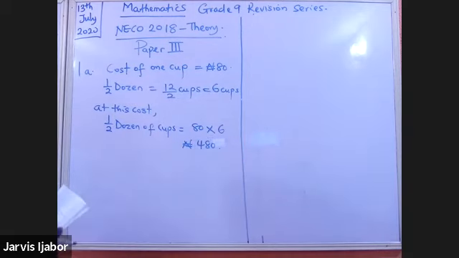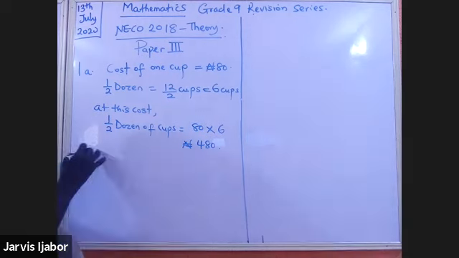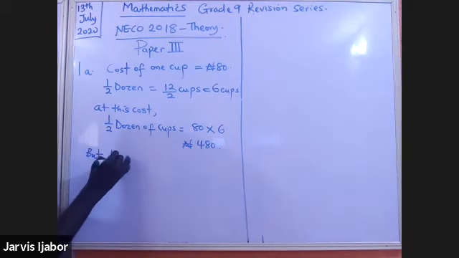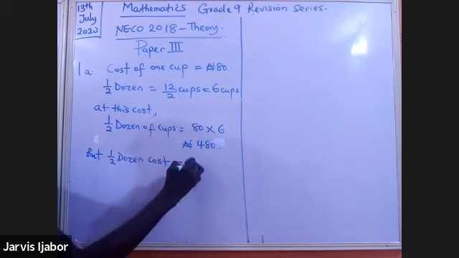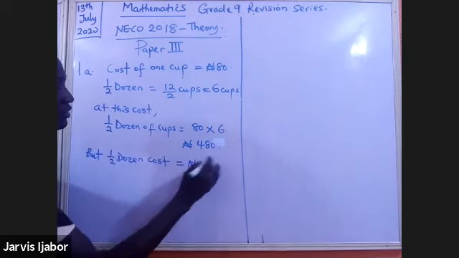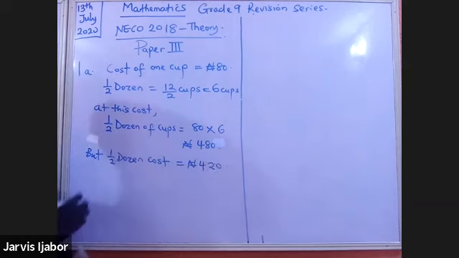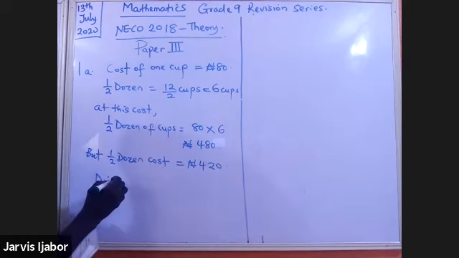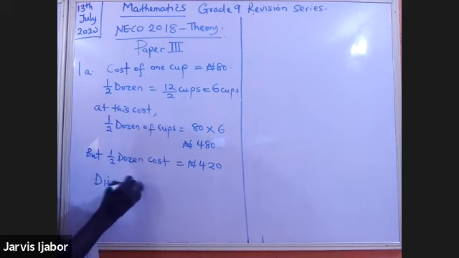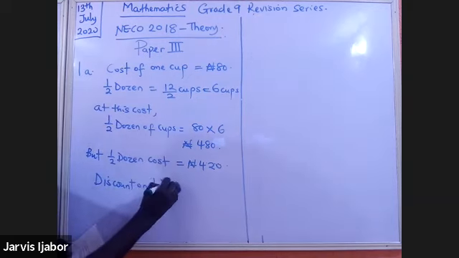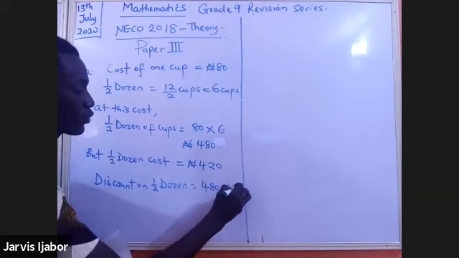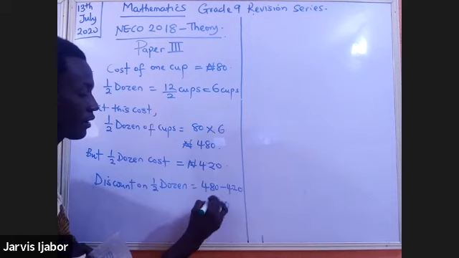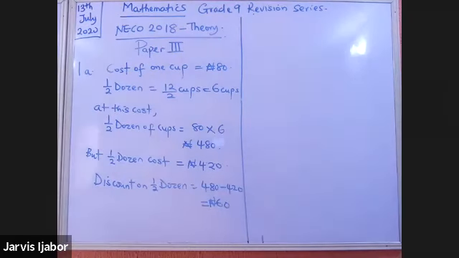Now, you are told that half dozen costs 420 naira. So the discount on half dozen will be equal to 480 minus 420, and that will be 60 naira. So that's what they expect you to do in question 1A.